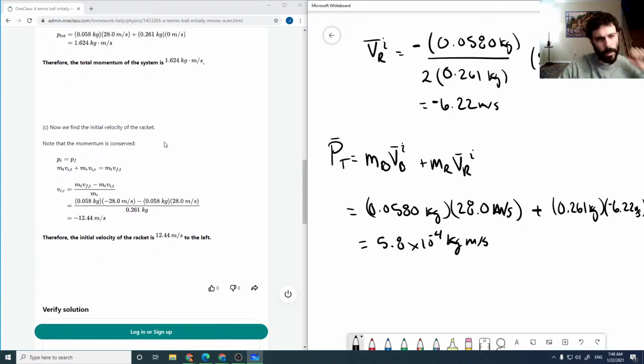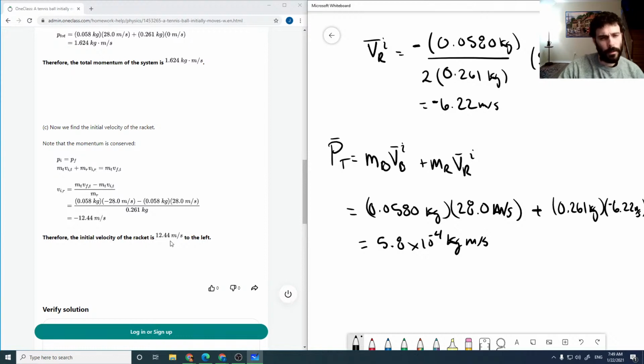And then using their total momentum, right here it's saying that the initial velocity of both is just the final velocity of the ball, but if the speed of the racket isn't changing through the collision, then they're representing the speed is changing.